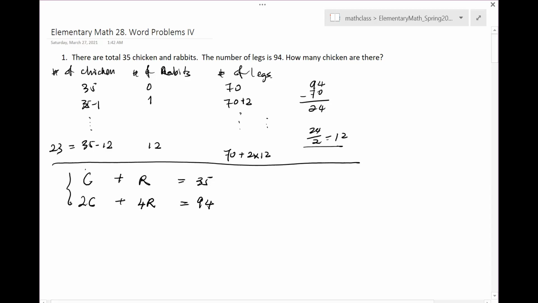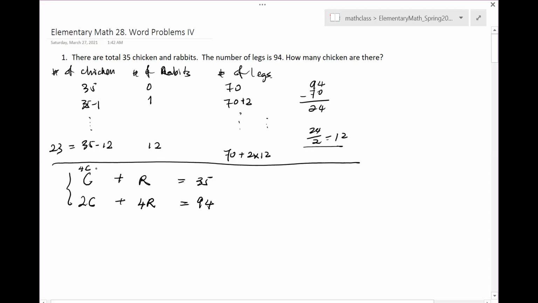Now, how do you solve this? You actually want to find C, the number of chickens. So the idea is to eliminate R, because you want to find C. So what you're going to do is multiply the first equation by 4.